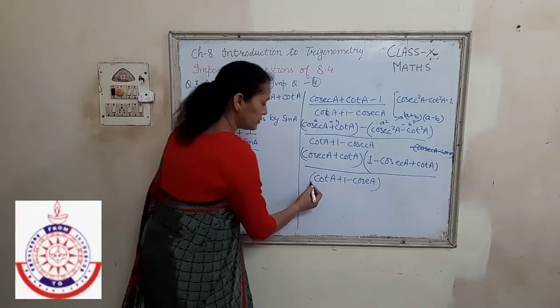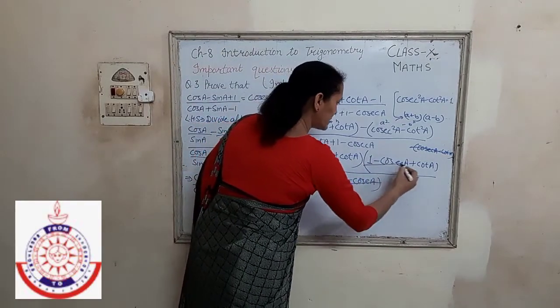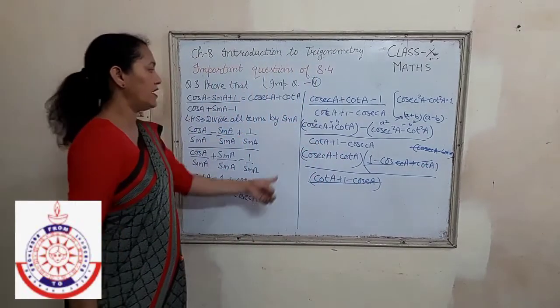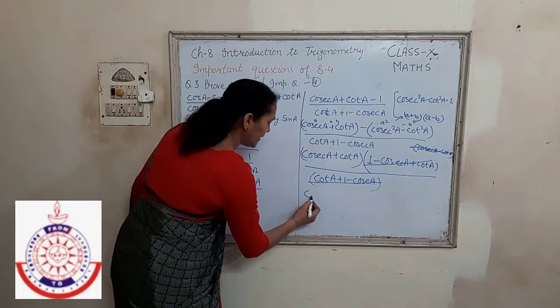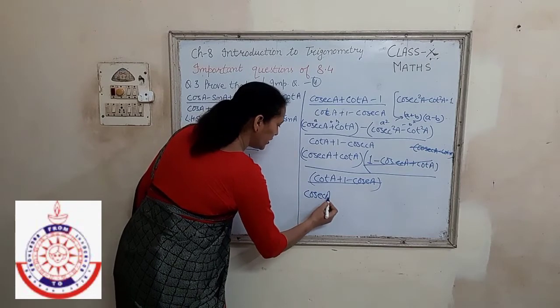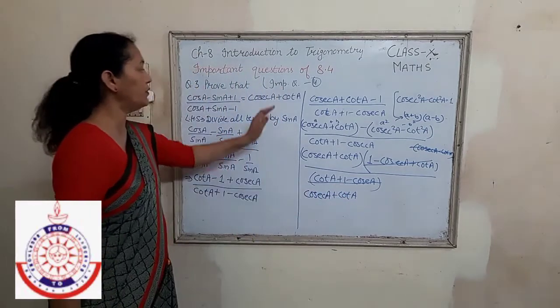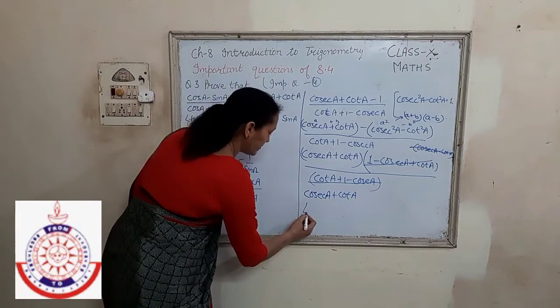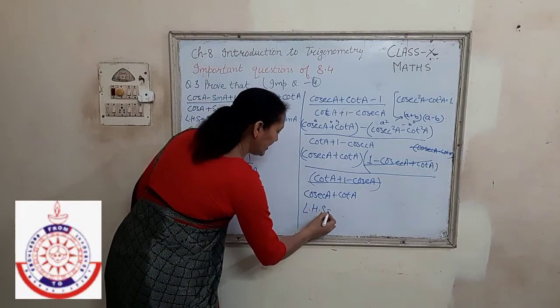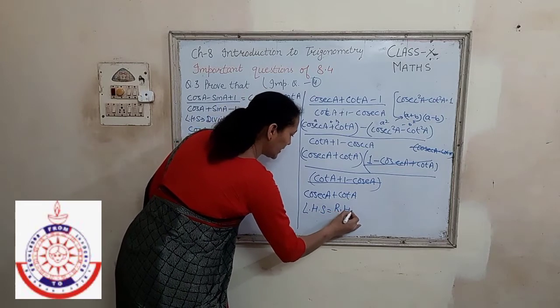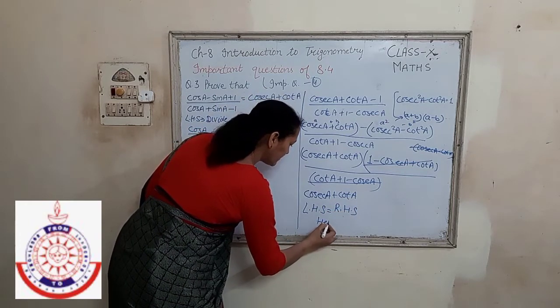So this term and this term, whole bracket will get cancelled, and we are left with cosecant A plus cot A. What is this? This is equal to right hand side. Again I'll say, I started with left hand side. It is equal to right hand side, and hence proved.